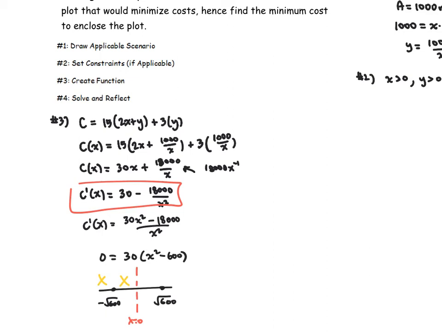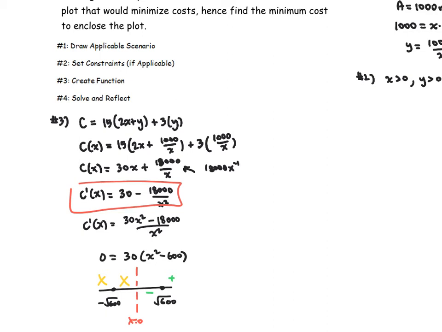You could test, for example, just plug in a 1, find c prime of 1. C prime of 1 is going to be negative. And c prime of, well, the square root of 600, that's like 25-ish. So if I plugged in a 26, I'm actually going to get a positive value. So c prime goes from negative to 0 to positive. That tells me that that's a min value.